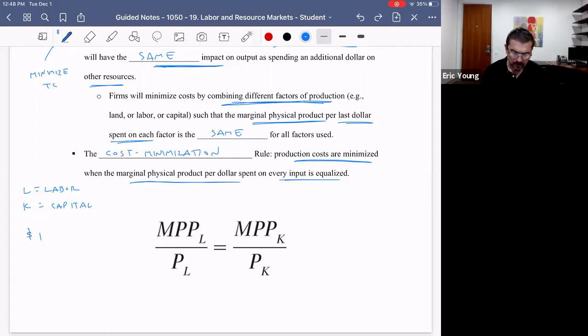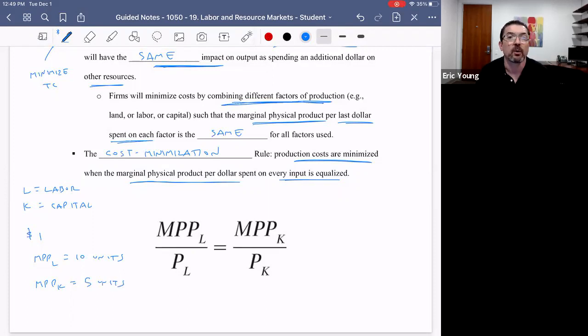Let's say furthermore that your research told you that given your production process, if you hired one worker, the marginal physical product of that labor would be 10 units. But that if you bought a machine, the marginal physical product of the capital would be 5 units.